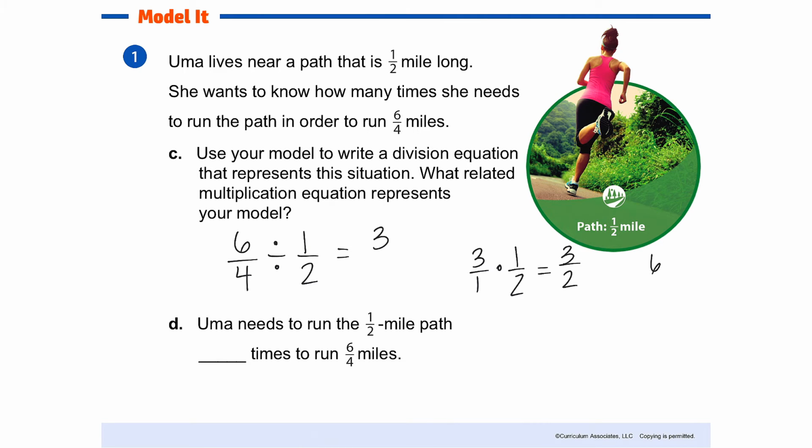So these two are equivalent. Okay. Let me go ahead and do that. So 3 times 1/2 is 6/4. Okay, so now Uma needs to run the half-mile path. How many times? We said 3.